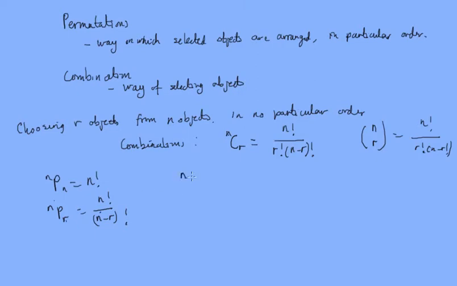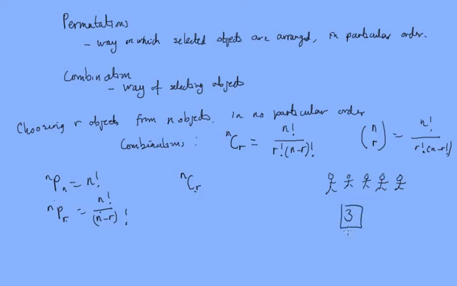So if we have N objects and we're choosing R of them, let's think about this in a real life situation. Imagine you're picking 3 children from a group of 5. Here are our 5 children, and we want to pick 3.